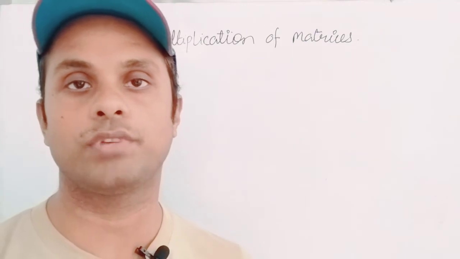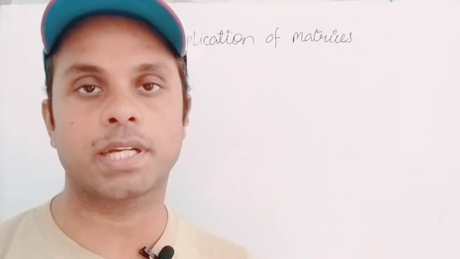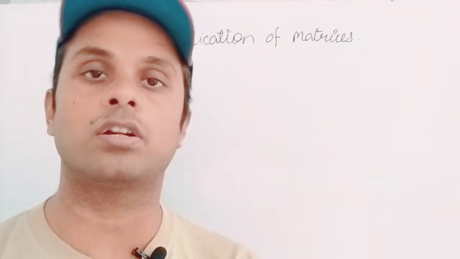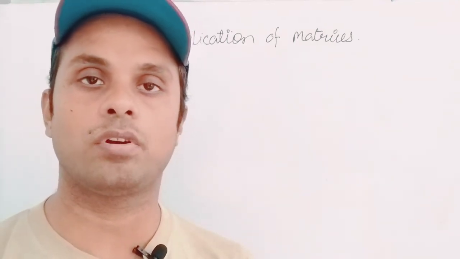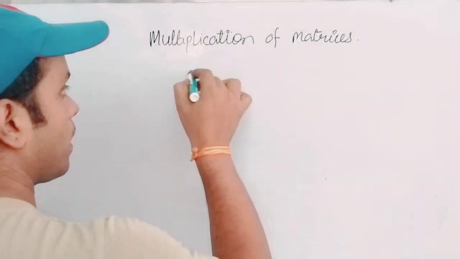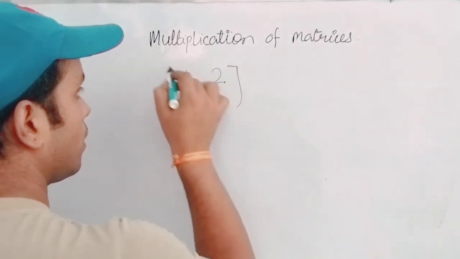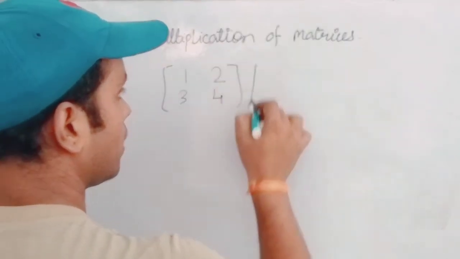No need to check whether their multiplication is possible or not. The multiplication of square matrices of same order is always defined. No doubt about it.